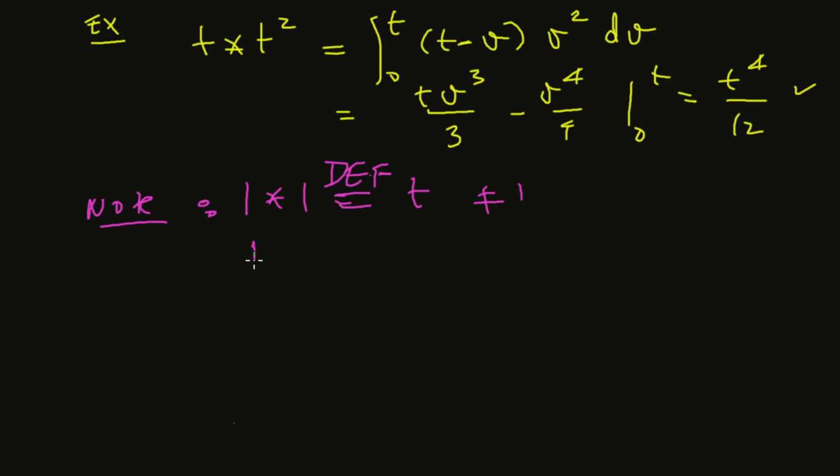And also, if you do 1 with f in the convolution, it's not going to be f. Not like the identity thing, 1 times f is f. The identity here does not work.